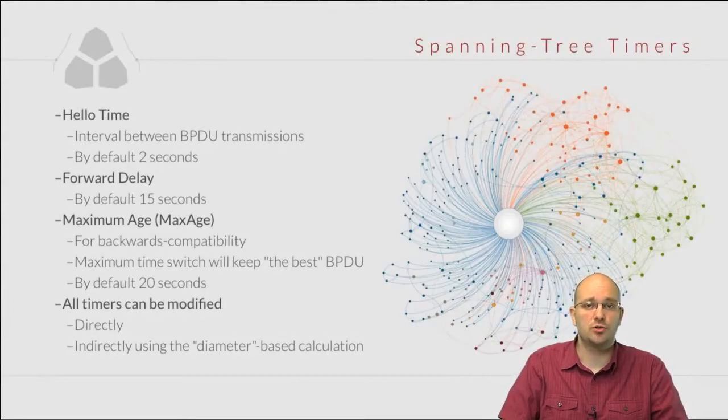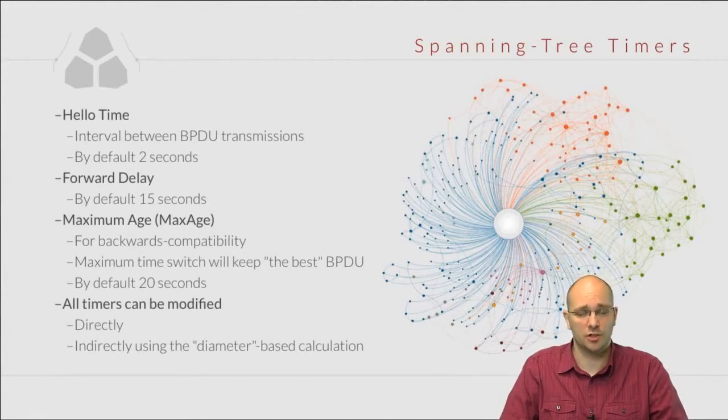Similarly to the traditional per VLAN spanning tree, the rapid per VLAN spanning tree relies on different timers for its operation. Of course, the most important timer here is the BPDU hello time, which is the interval between BPDU transmissions. By default, it's set to 2 seconds.